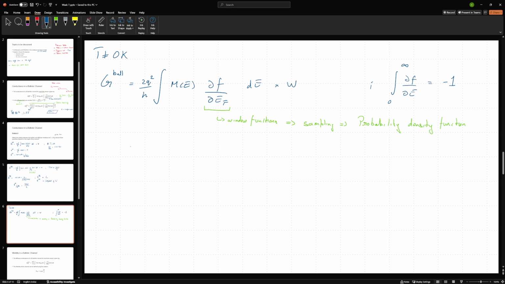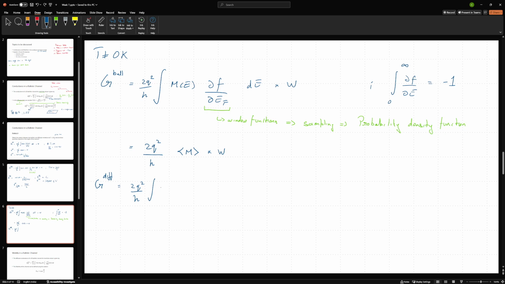And because of that, this quantity here, I can write as 2q squared upon h, M, into W. So this is the ballistic conductance. Now if I look at the diffusive conductance, that is going to be 2q squared upon h, integral.